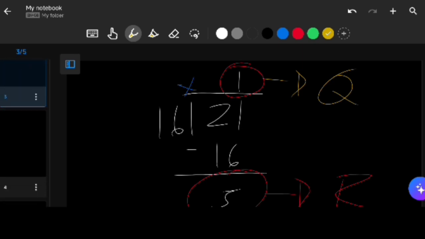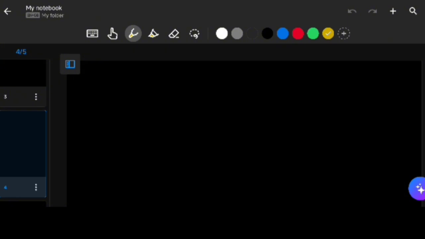And for our step 4, since 1 na yung sagot natin as a quotient kanina, let's divide it by 16. So, 1 divided by 16, the quotient is 0, so ang remainder natin is 1.